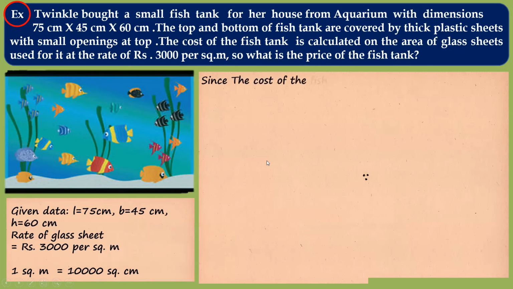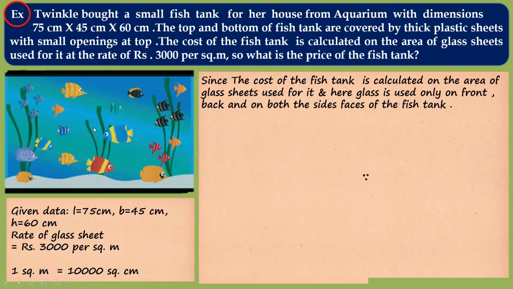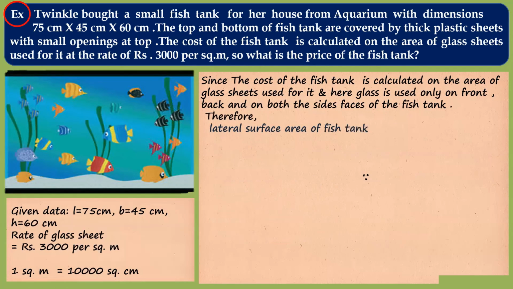Since the cost of the fish tank is calculated on the area of glass sheets used for it, and here glass is used only on front, back, and both the side faces of the fish tank. Therefore, lateral surface area of fish tank equal to 2 times height into (L plus B). Here we'll put the values 2 into 60 into (75 plus 45).